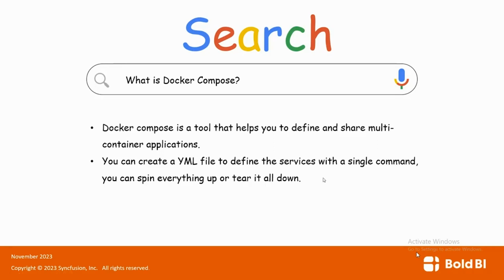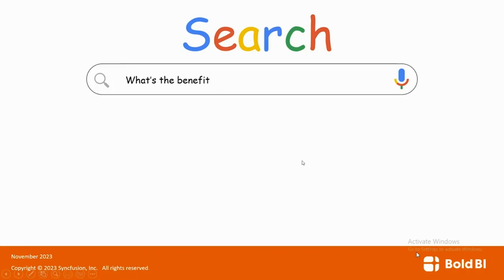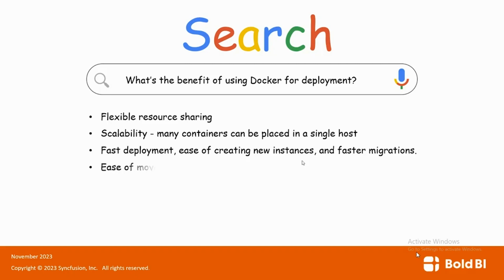Now let's take a look at the benefits of using Docker to deploy an application. We have various advantages in using Docker. The first one is flexible resource sharing. As I said earlier, it doesn't rely on what type of applications or dependencies you have on your host.